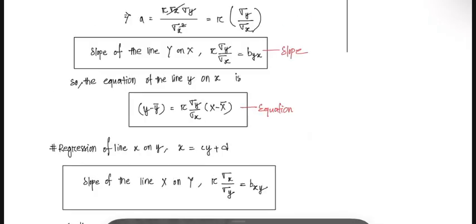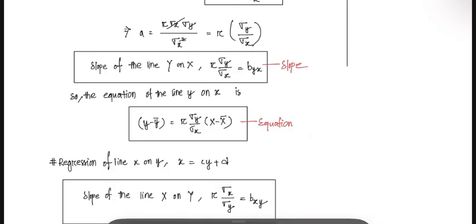So if I write here, this is the slope of the line y on x, and this is the equation of the line y on x.